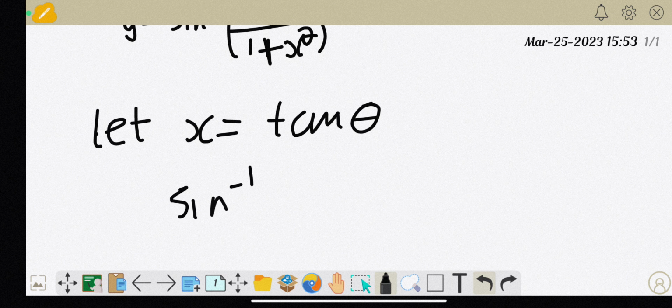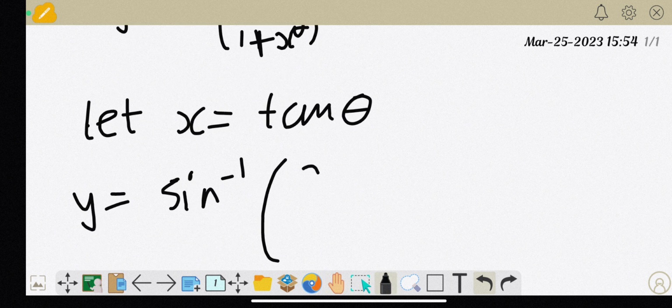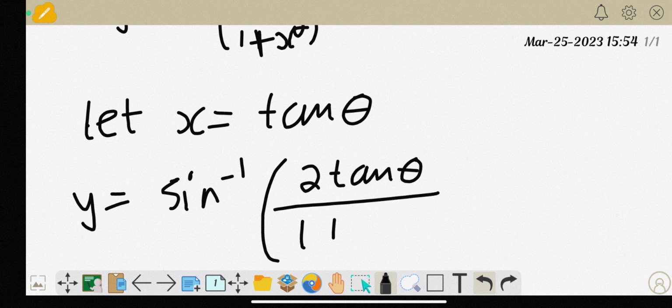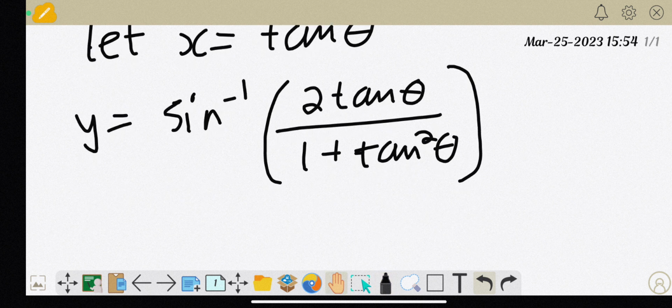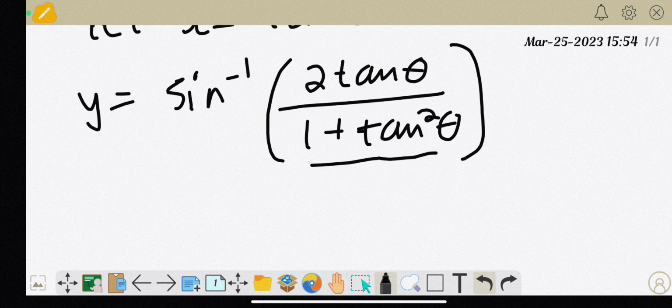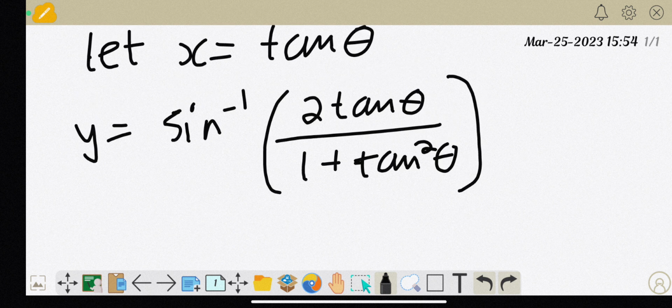Sin inverse of 2 tan theta. Okay. So this is the formula for which function? It is sin 2 theta, correct.